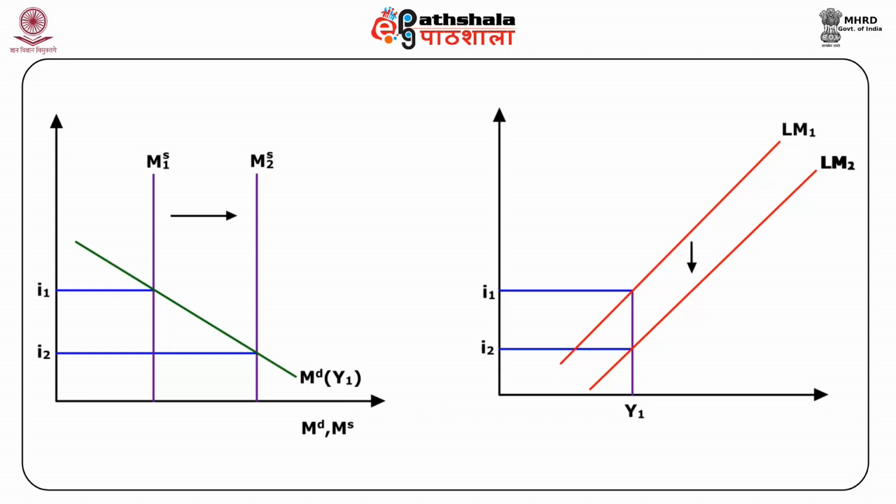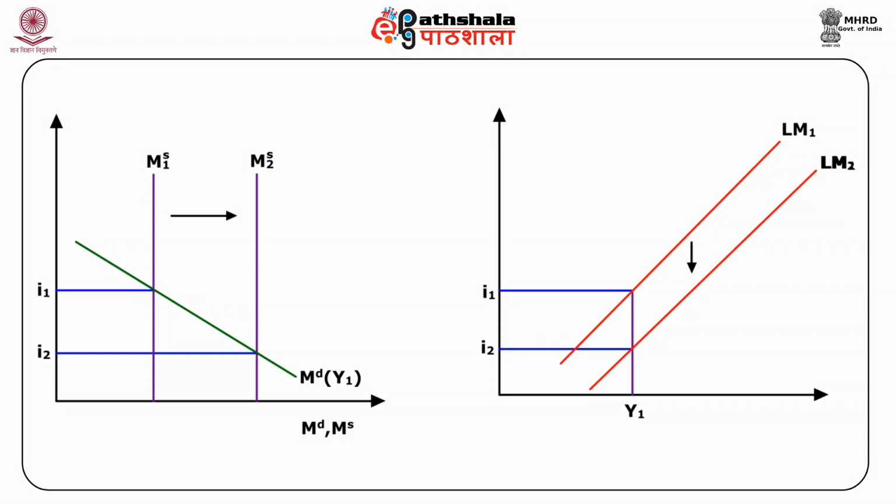This is demonstrated in the figure. The money market equilibrium is initially established at the intersection of money supply curve MS1 and money demand curve MDY1. The equilibrium rate of interest is I1. The combination I1 Y1 gives one such point on LM1 curve.